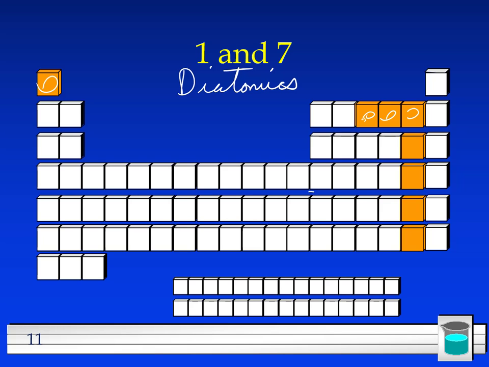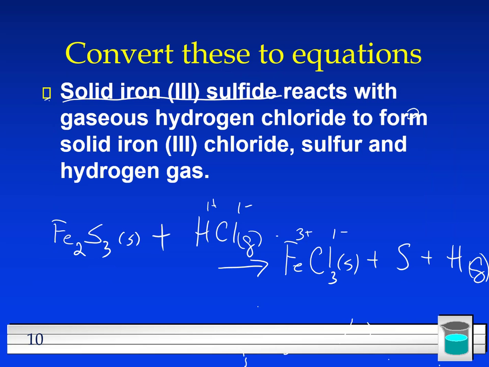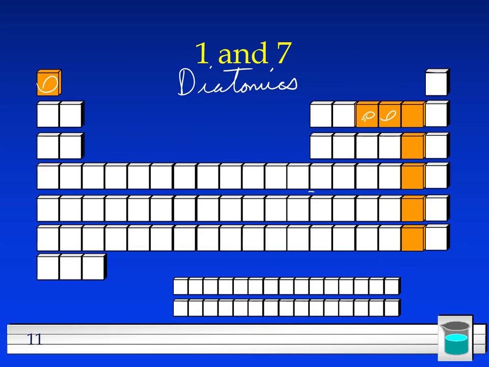Diatomic, 2 atoms. So if I go back up to the one I just did, can sulfur be by itself? Is sulfur one of those 1 and 7? Let's look and see. Where's sulfur on the periodic table? Sulfur is here. So is it one of the ones that's diatomic? No, so I can write just an S.